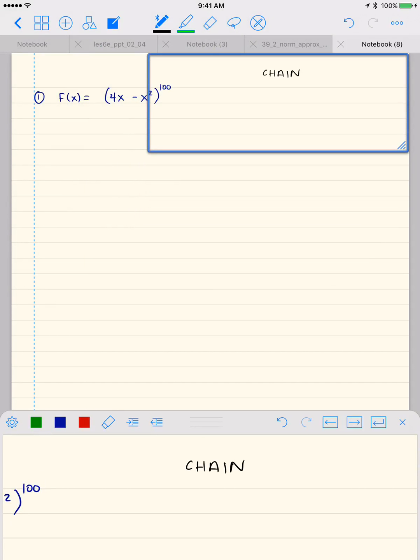So the chain rule states how to take the derivative when you have the composition of 2 functions.